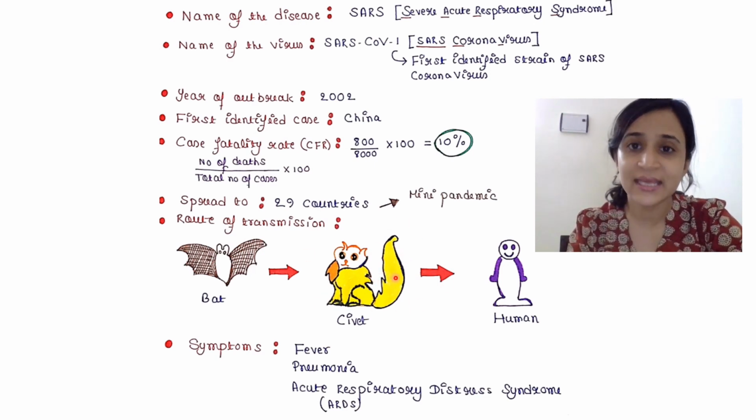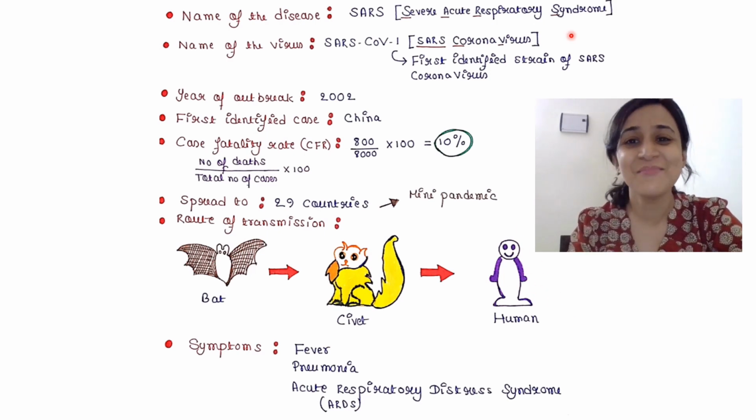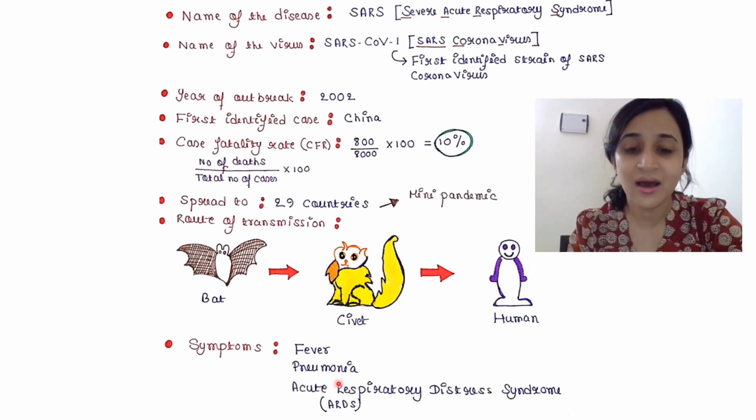In civet's body, the virus was mutated again and then it was transmitted to a human. Maybe you are laughing at this picture I have drawn here. It's more like a penguin, but please consider it as human. And the virus causes fever, pneumonia and acute respiratory distress syndrome or ARDS.